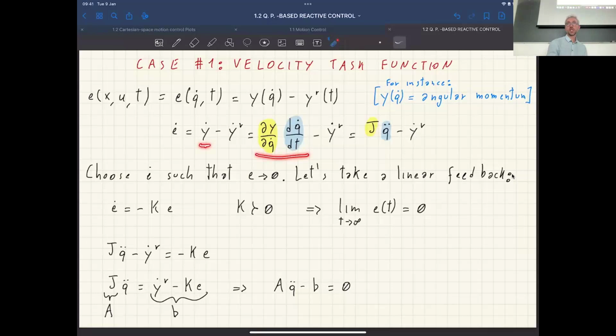Here I'm using the chain rule for derivatives. I can differentiate y with respect to q dot and multiply this times the derivative of q dot with respect to time. This is equal to the derivative of y with respect to time.